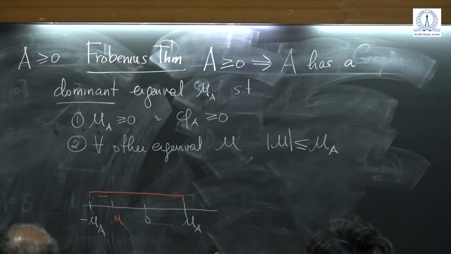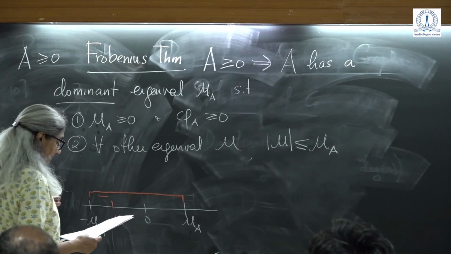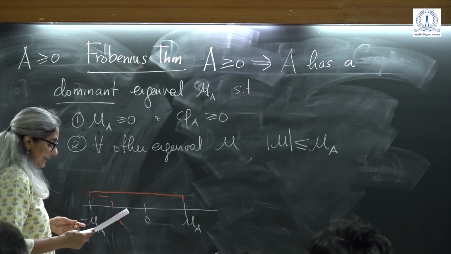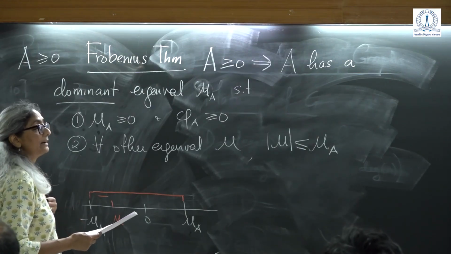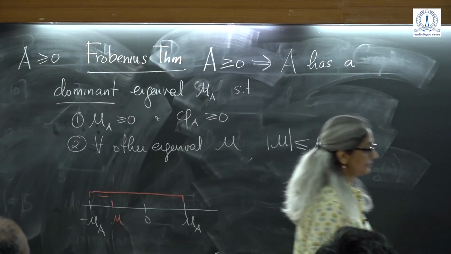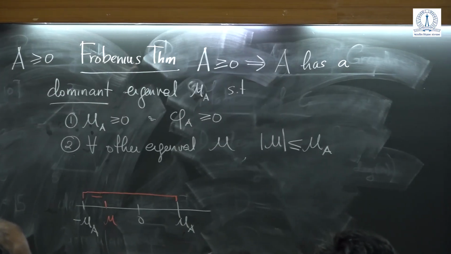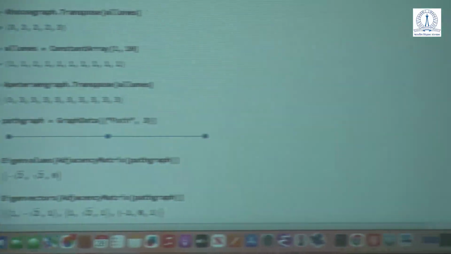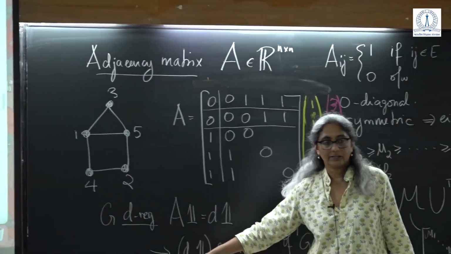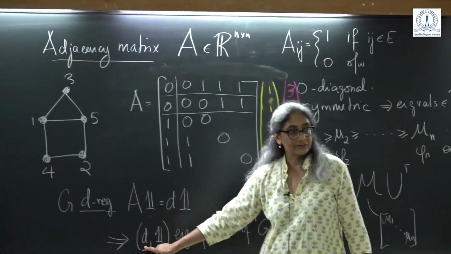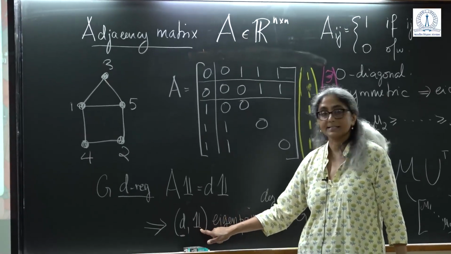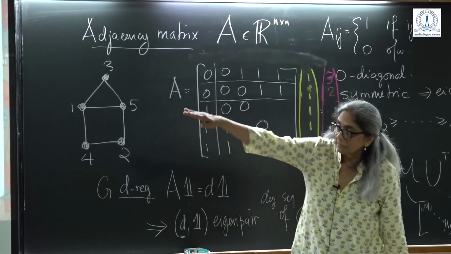This came out from being non-negative. Can we look back at a graph? If it was a regular graph, we already agreed everything is fine, right? This was an eigenvalue, definitely positive, that's the degree of the graph, and this was its eigenvector. So at least part one is okay.